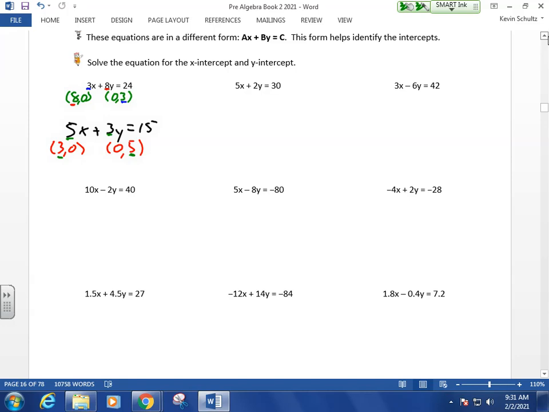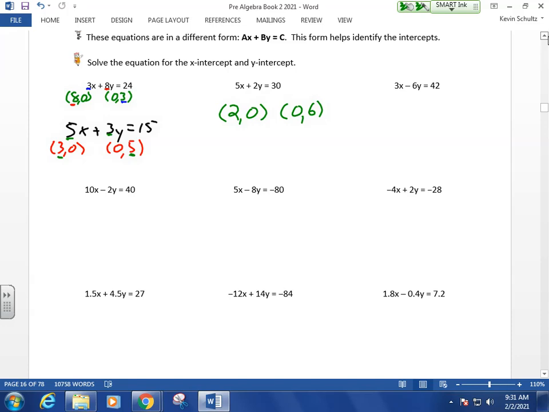So if I asked you, I'm going to choose different numbers than I have down below there, but if I gave you an x-intercept of (2, 0), and a y, is that what I have down below? I think it is. And a y-intercept of (0, 6), I think that's different.